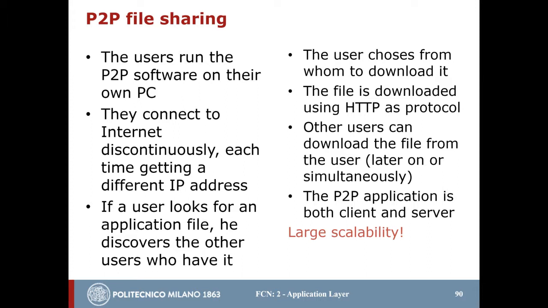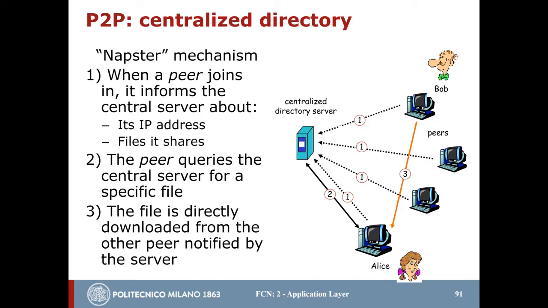So there is a phase in peer-to-peer applications in general, a directory phase, that is used to locate the content among the pool of peers who are available to share content. And then there is the downloading phase. The directory phase is the more critical one, because it is the most difficult to implement.